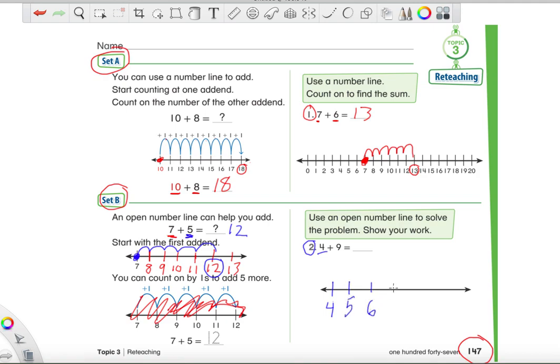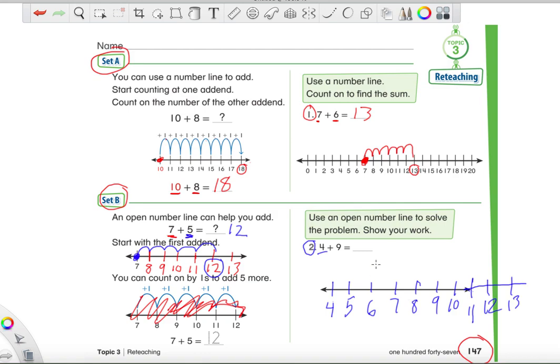After that, we have 6, then 7, then 8, then 9, 10, 11. We're going to have to go a little bit more. It's okay if it goes off the side a little bit. 12 and 13. That should be good. So you should at least get your number line all the way up to 13.